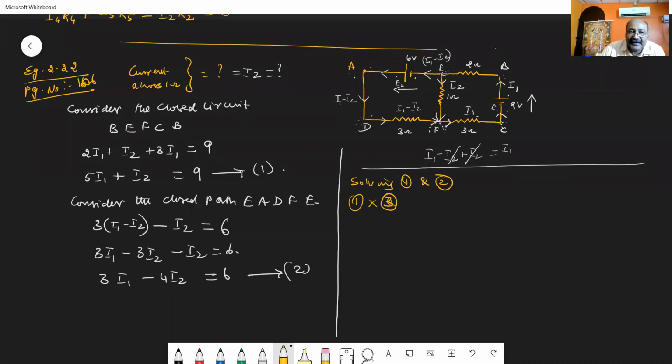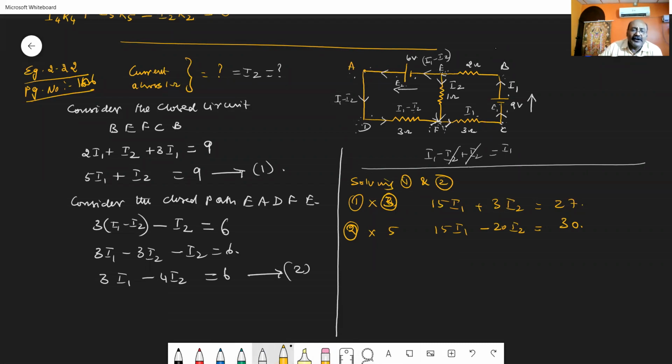So the first equation multiplied with 3 gives 15I1 plus 3I2 is equal to 9 into 3, which is 27. Similarly, multiplying the second equation with 5, we get 15I1 minus 20I2 is equal to 6 into 5, which is 30. Am I correct?